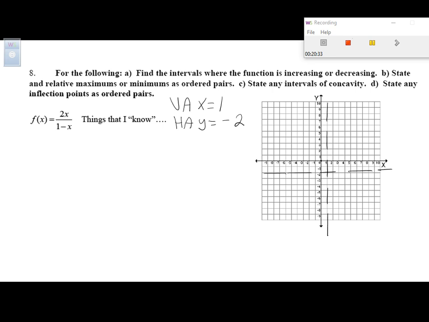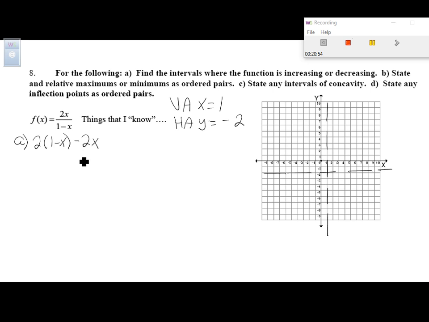Now let's start the calculus portion of it. I need to find this derivative, so here goes my part A. I'm going to go ahead and use the quotient rule on it. So I've got the derivative of the top times the bottom minus the top times the bottom, which is -1.